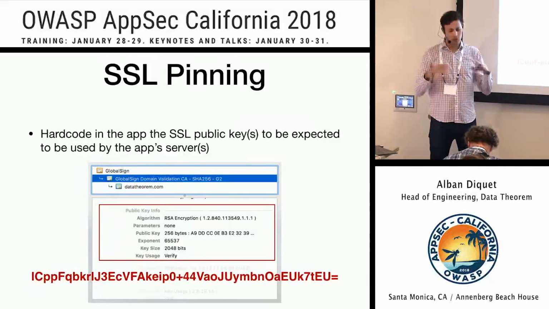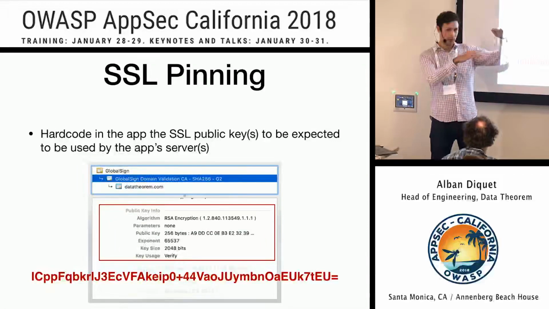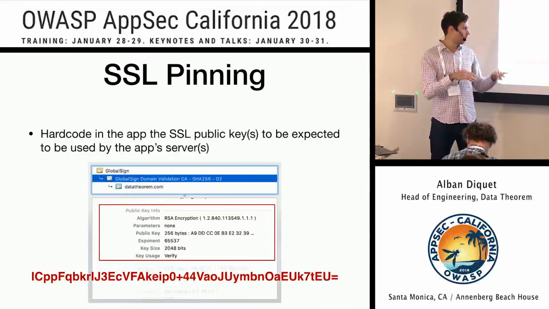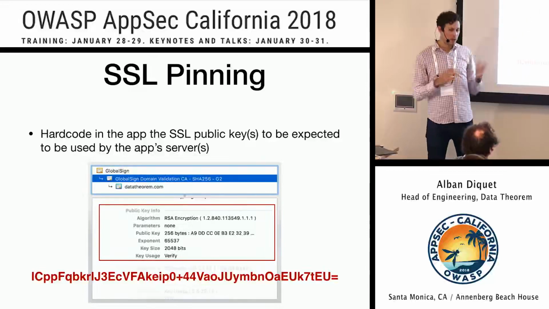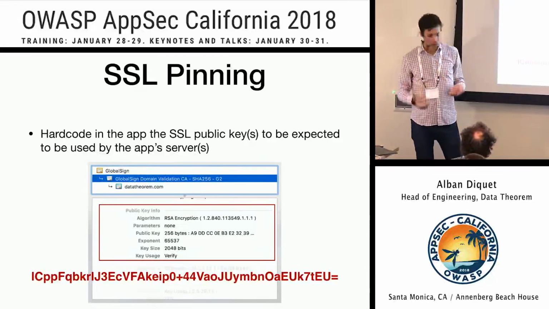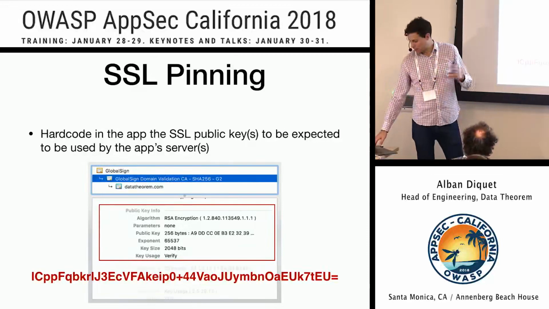So in your app, or when you're using TrustKit, you have that extra validation: okay, the certificate is trusted, it's all good, but now does the chain contain that one key that we know is being used on production? Because if it doesn't, then that chain might look like it's valid, but it's not the one that's on our server, so what is it? And that's SSL pinning in a very quick intro.